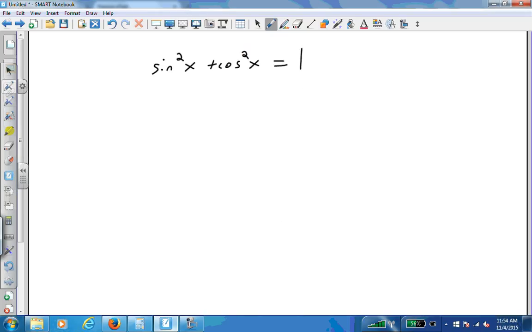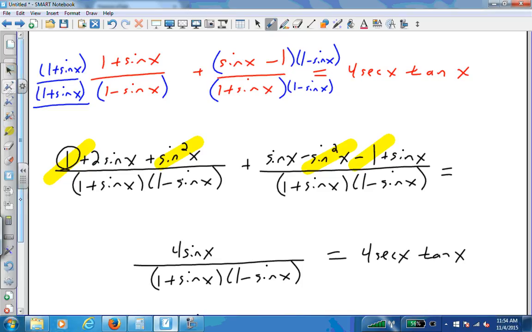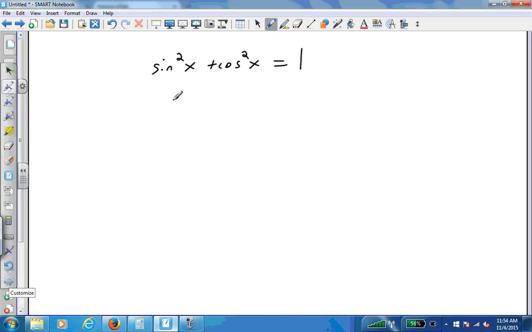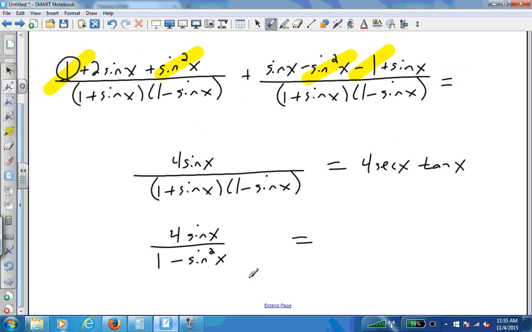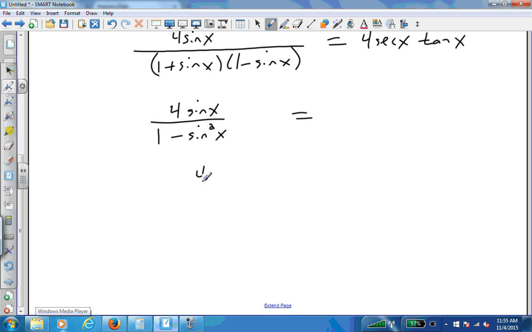Notice if we subtract sine squared from both sides, what's 1 minus sine squared the same thing as? 1 minus sine squared, that's just cosine squared.